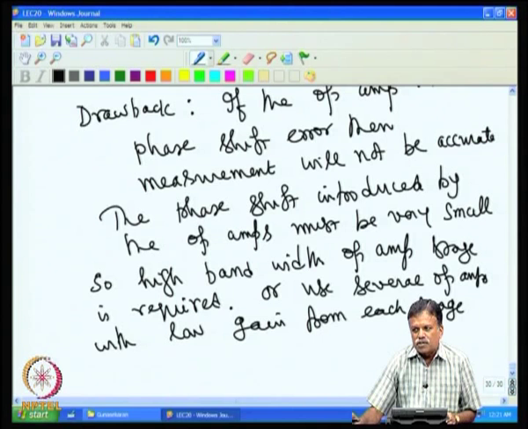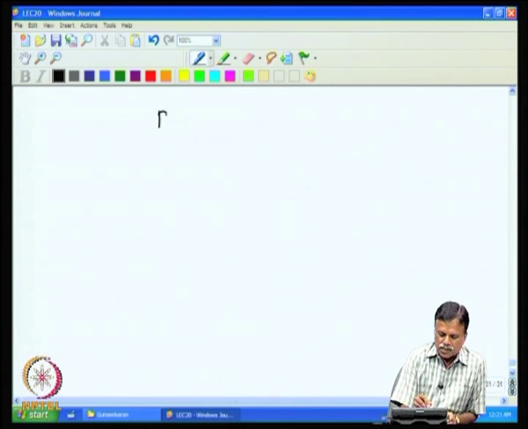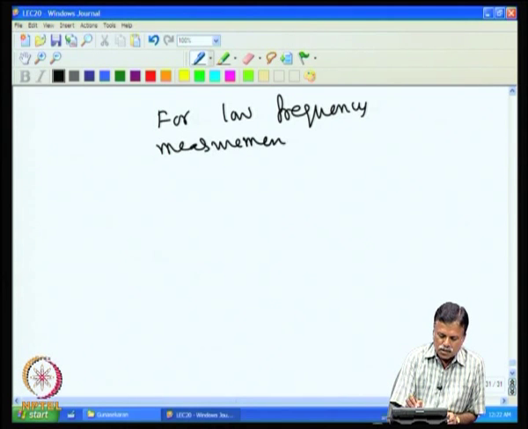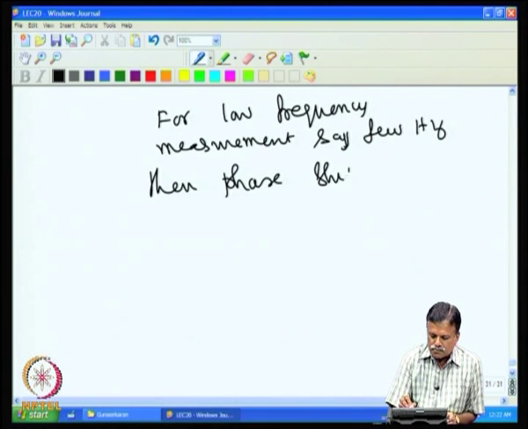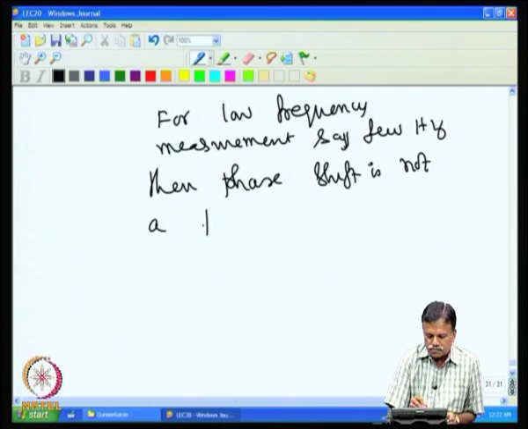One way is that if the frequency of the measurement is low, this is not a serious problem. For low frequency measurement, say a few hertz, phase shift is not a problem.